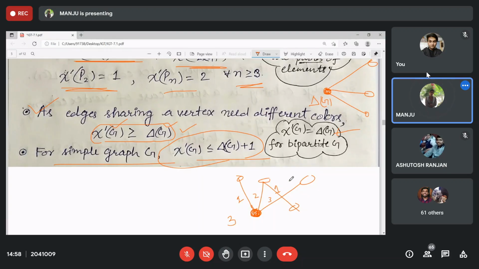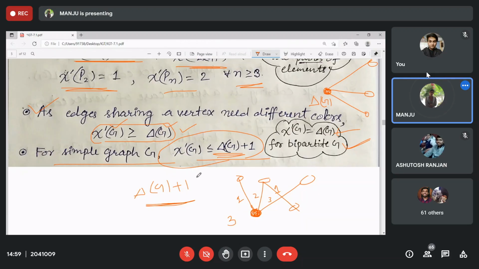So the minimum edge coloring is exactly equal to delta of G. And for other graphs which are not bipartite, it will be delta G plus 1. Yes, it may be less than that, it doesn't matter. But for bipartite, we are sure.